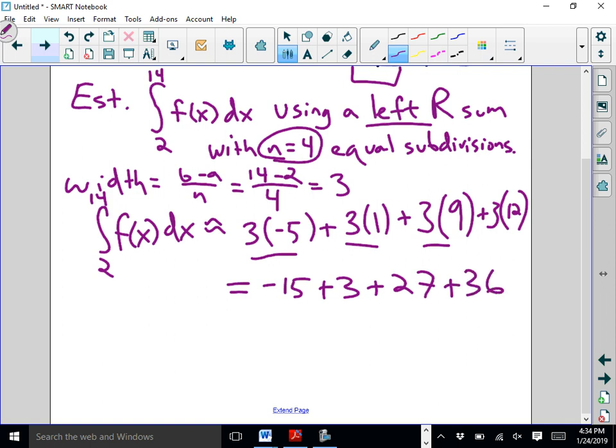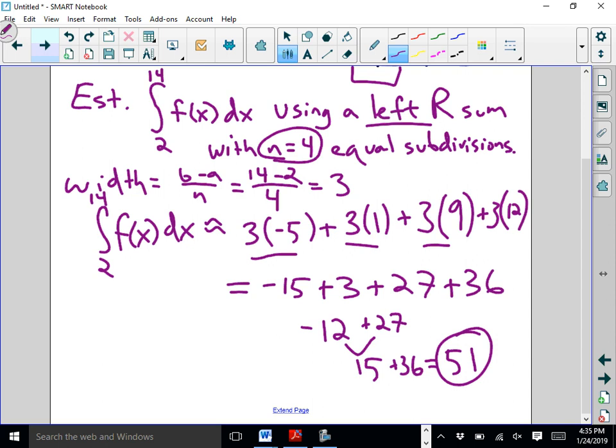Negative 12 plus 27 is what? 15. 15 plus 36 is going to equal, what, 51? So my left Riemann sum ends up with an answer of 51. I'm doing that math pretty quick without a calculator, so hopefully all the math is right there. Okay? That's our left Riemann sum.